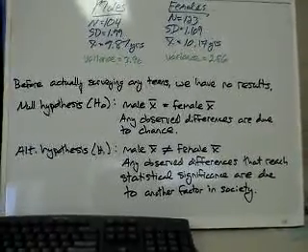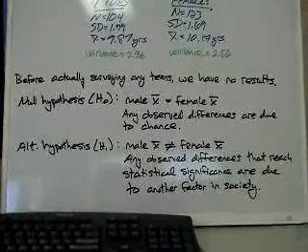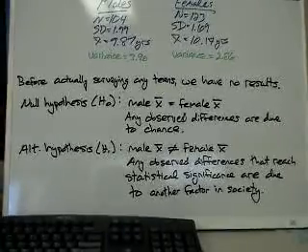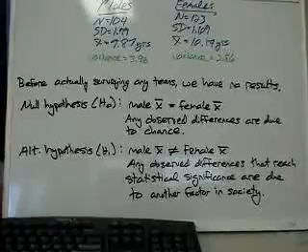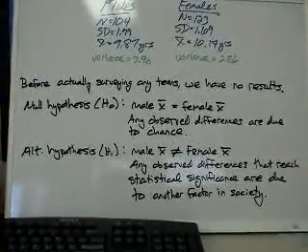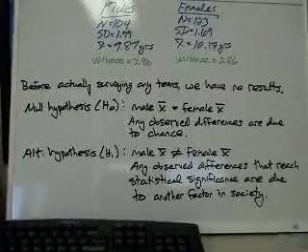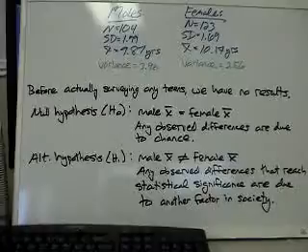And any observed differences that we see are big enough that they reach statistical significance, and we'll look at those at the 0.05 and 0.01 thresholds. Those differences are due to another factor in society, maybe some kind of gender difference. So in order to test for either the null hypothesis or the alternative hypothesis, we're going to use what's called a t-test.